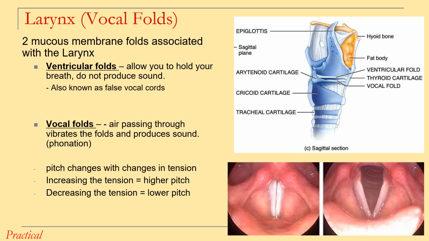They have it labeled as a sagittal section of the larynx. And we can see we've got the two sets of folds right in the middle, the ventricular folds and the vocal folds. And so I always made my voice lower so I know which one was on the bottom so I wouldn't get them confused. So vocal folds is the lower one, so that's why I make my voice lower when I say vocal folds.